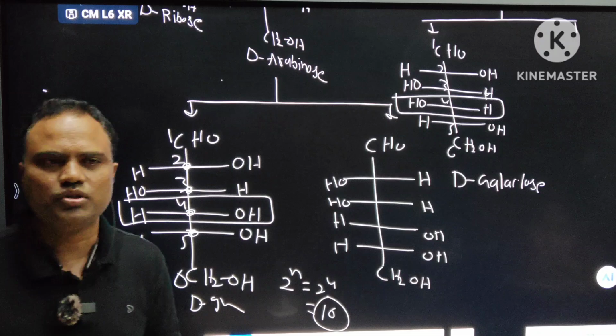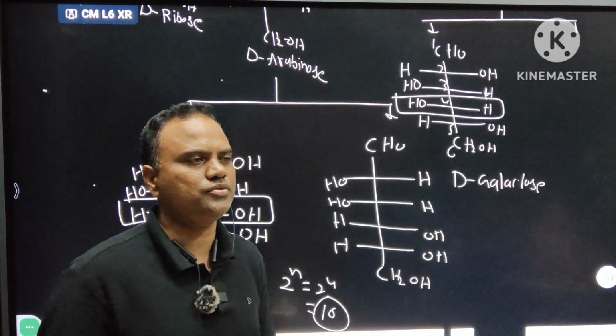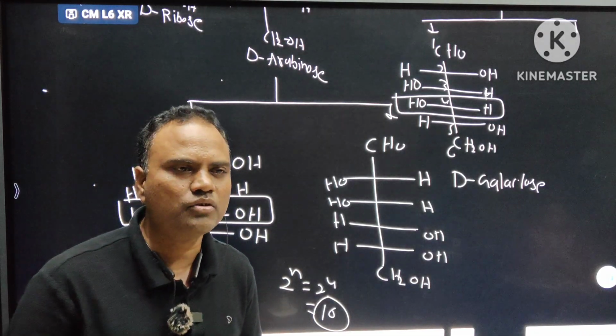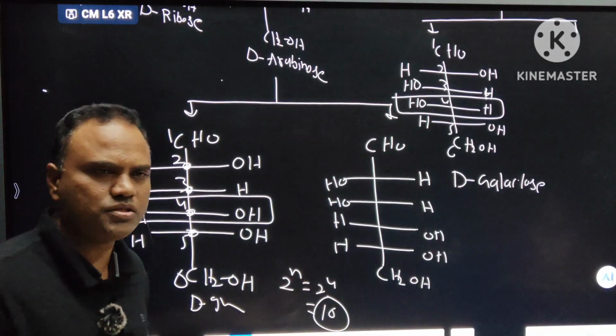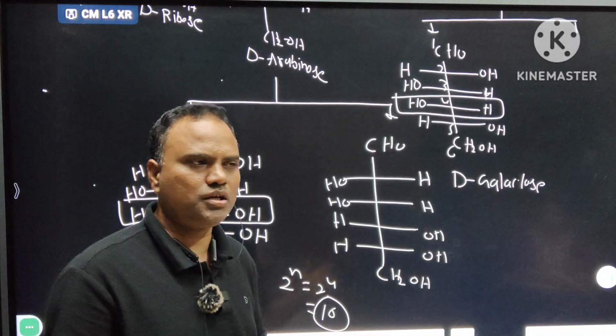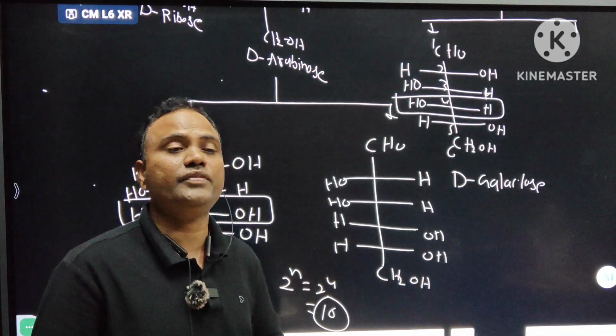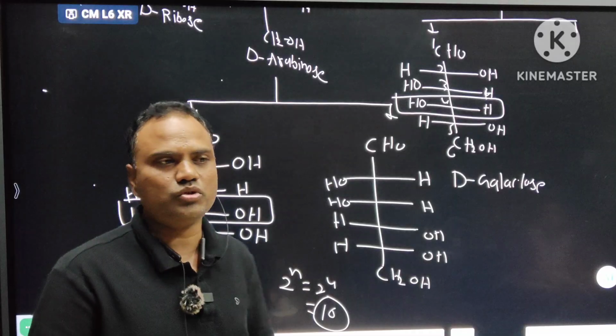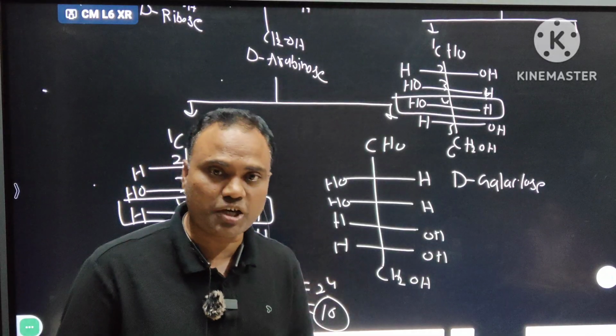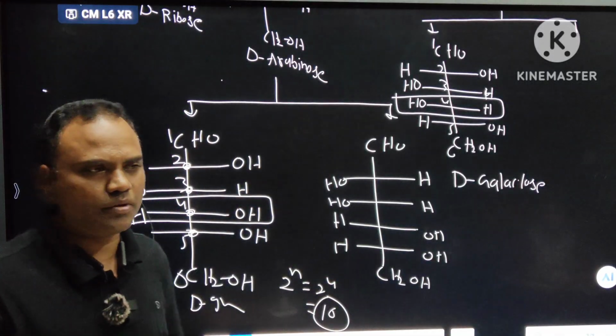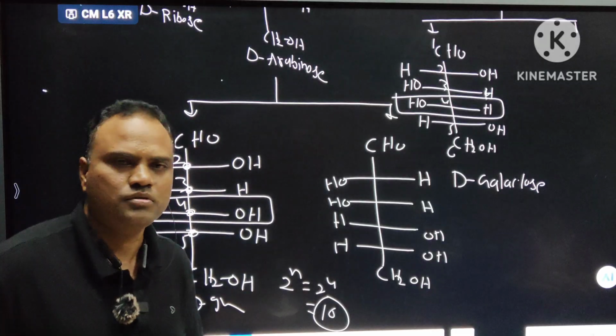Glucose and galactose: D-glucose, D-galactose. They differ at which carbon? Fourth carbon. Everything else is the same. The remaining configurations are the same, but they differ at the fourth carbon. So D-glucose and D-galactose are which epimers? C4 epimers. Clear?